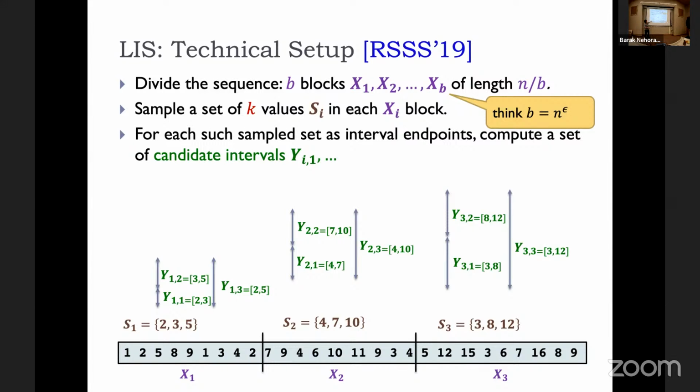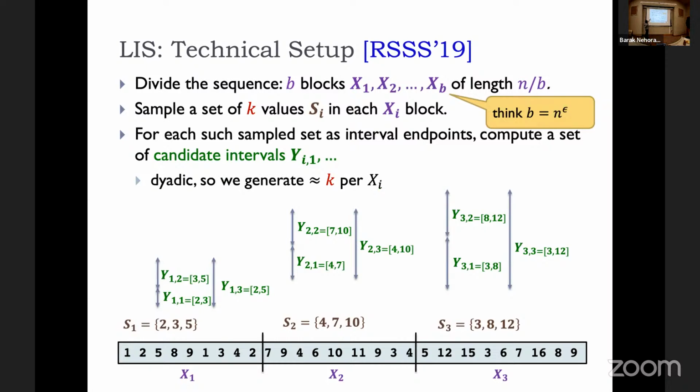Just because we expect that there are a few LIS elements in this set, and that should capture a good fraction of the LIS from that particular block. You just don't know which one of them, but at least one of these candidate intervals should bound from below and from above the portion of the real LIS defined in that particular block.